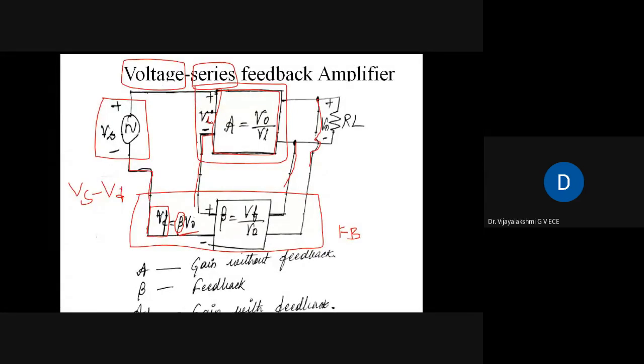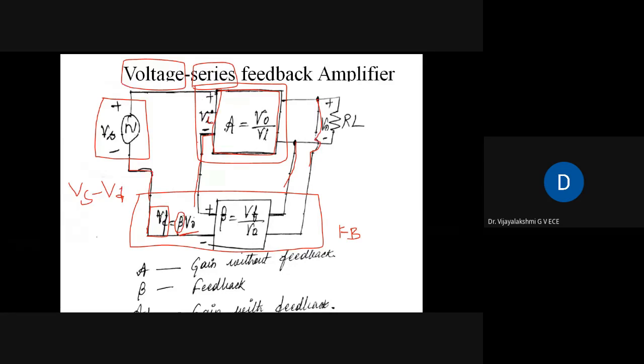Now let us understand, if we are going for a voltage series feedback amplifier, what are the changes that you can find out? Like the changes in the gain, changes in the input impedance, changes in the output impedance, and how can you maintain the stability of gain when you are going for a voltage series feedback amplifier.